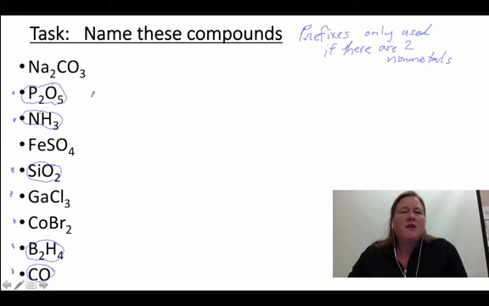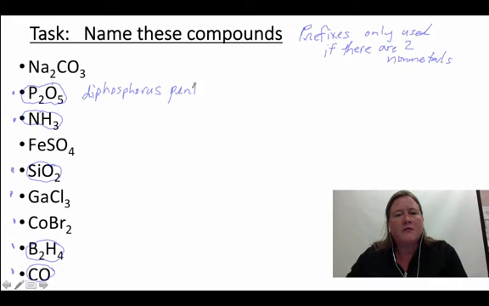So with this, in the naming scheme, we just have to use prefixes to indicate how many there are. So here we have 2 phosphoruses and 5 oxygens. So this becomes diphosphorus. There are 5, so pentoxide.